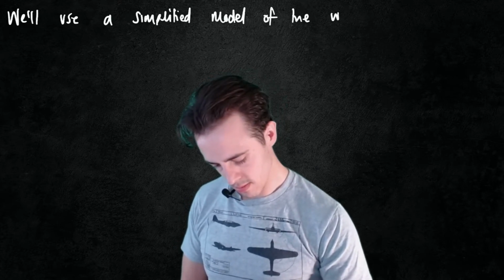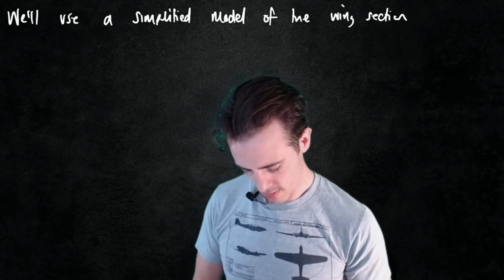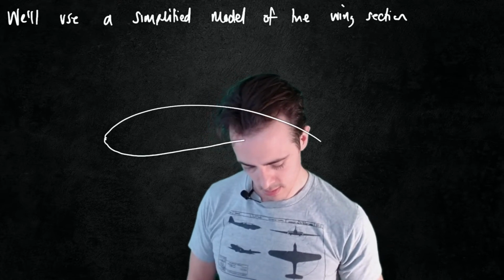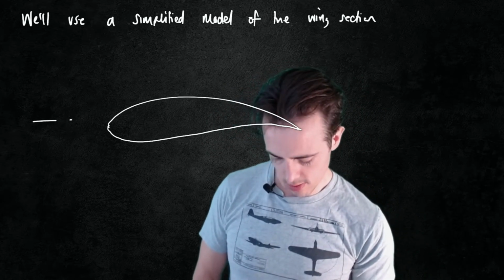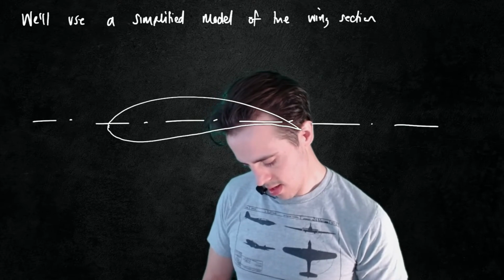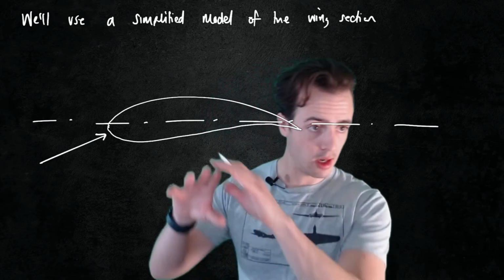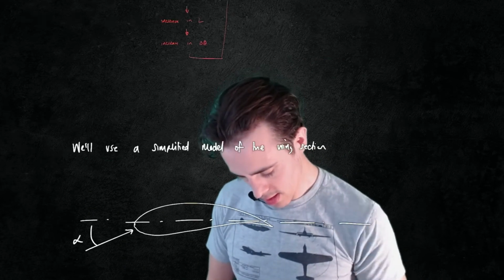So we'll use a simplified model of the airfoil. We've got our zero incidence line, we've got our angle of attack, which I'm going to call, what did I call it earlier?